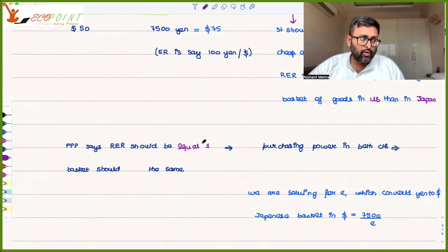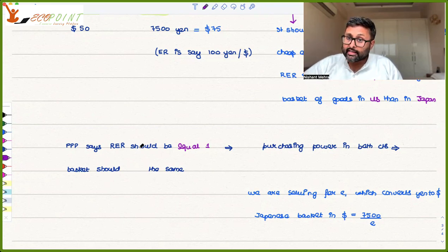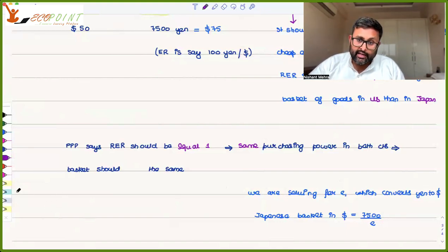If that is equal to 1, then the purchasing power is the same in both the countries. And if the purchasing power is the same, the basket should cost the same in both the countries.